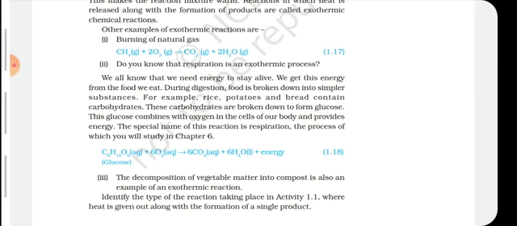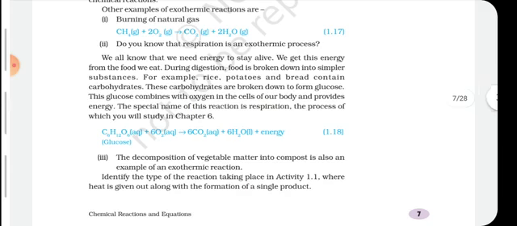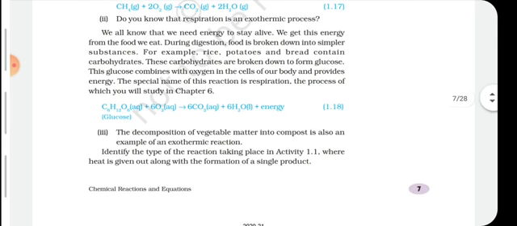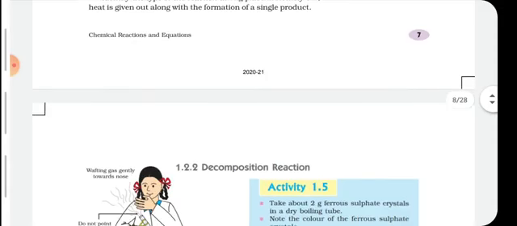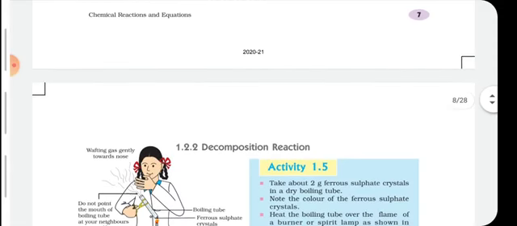Here the energy is released, an example of exothermic reactions. The next thing is the decomposition of vegetable matter into compost, which is also an example of an exothermic reaction. I hope you are clear with this students.